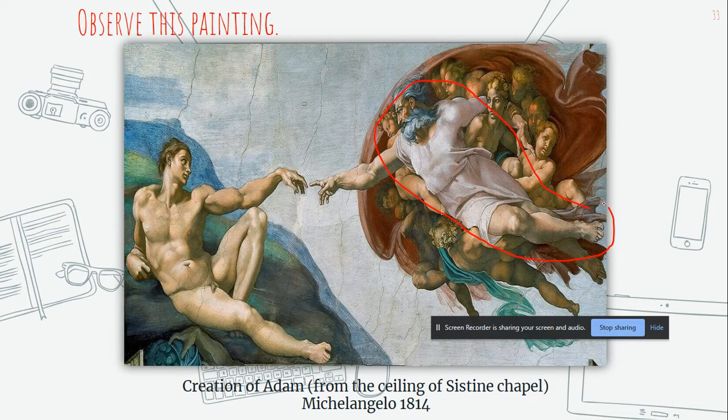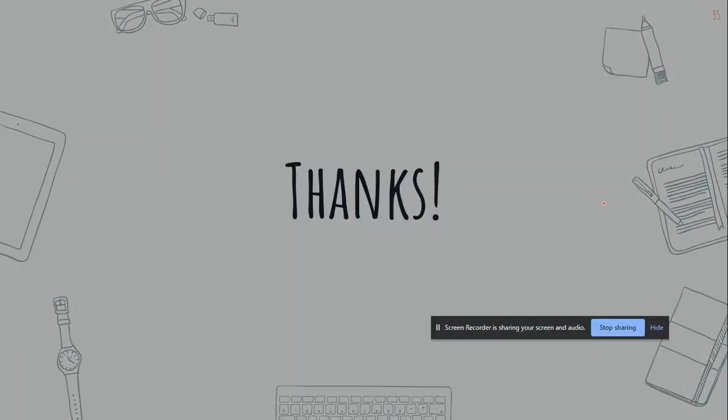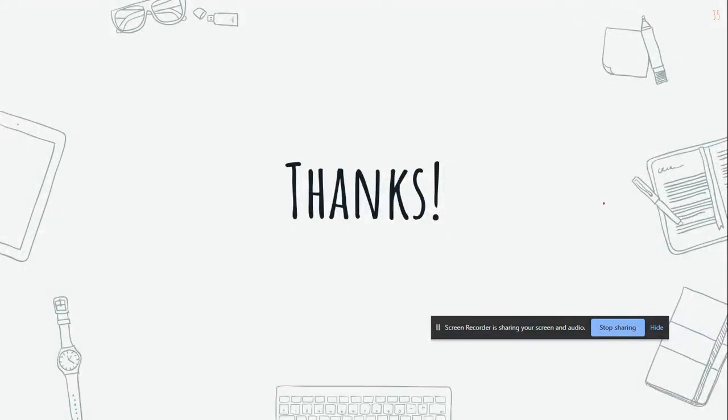You could say that way too, but this could also be an endowment of the intellect to man from God. All right. Could have any interpretation towards its subjective meaning. Okay, and now that ends our lesson 4. Okay, thank you.